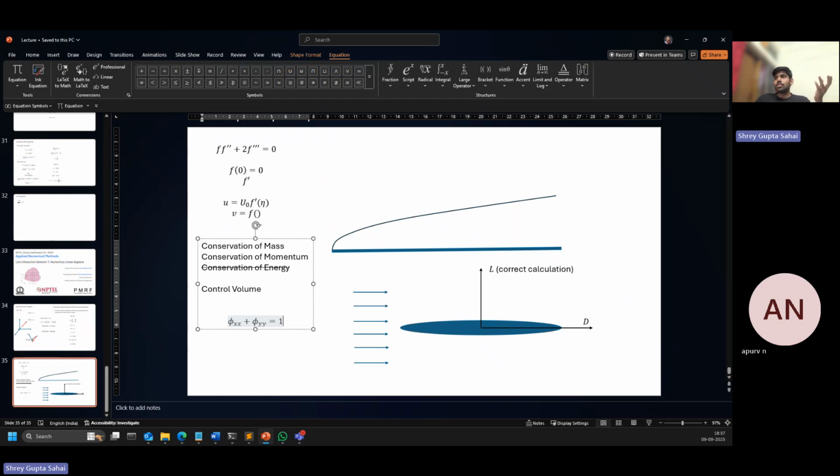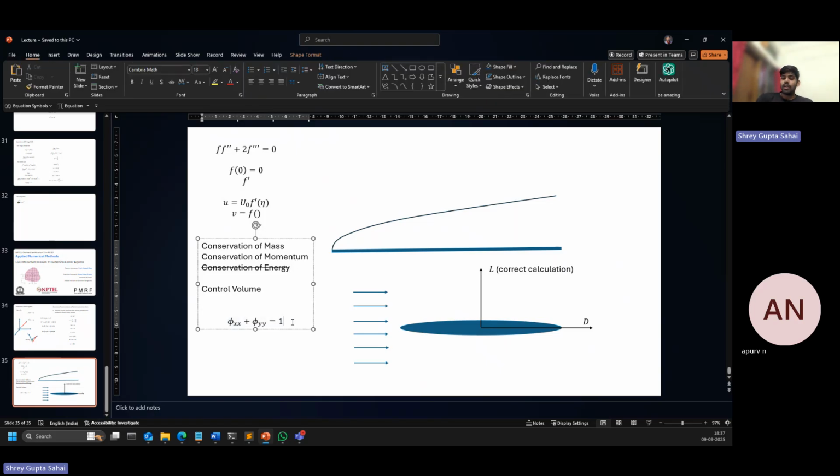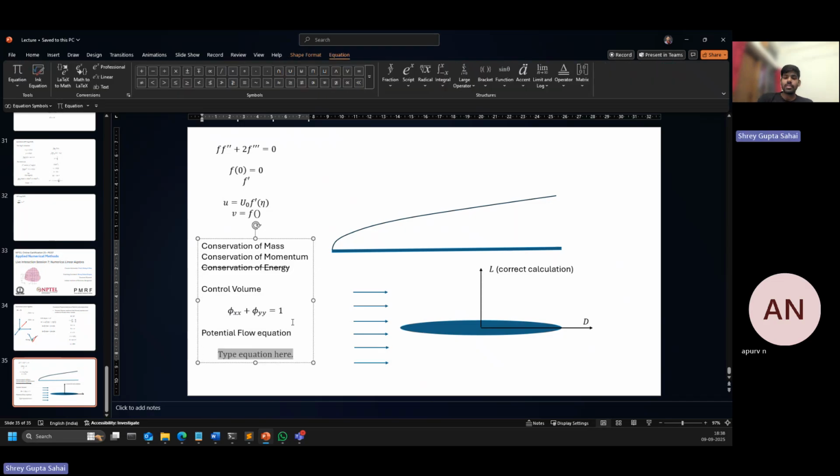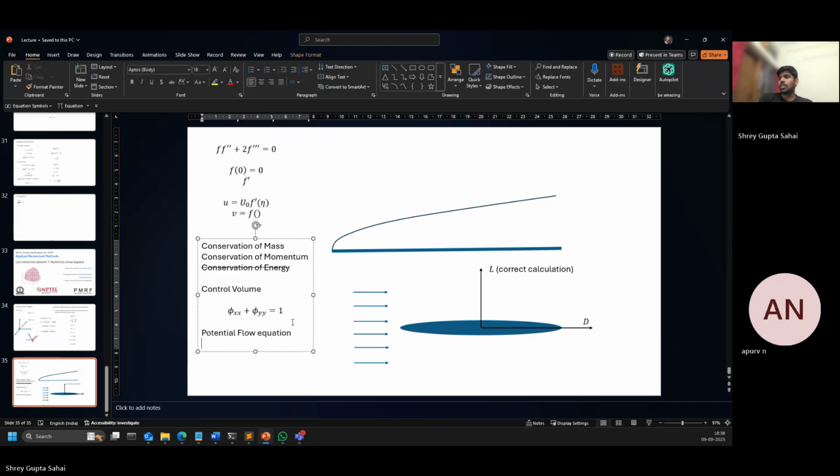But still, what this is basically coming from is the potential flow equation. Then conservation of mass, and Navier-Stokes.